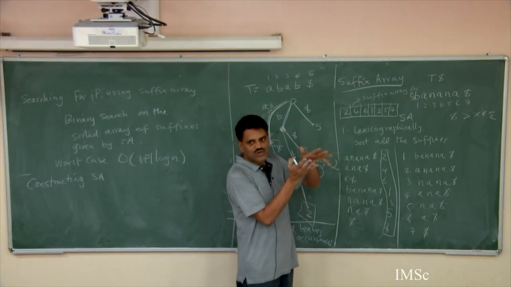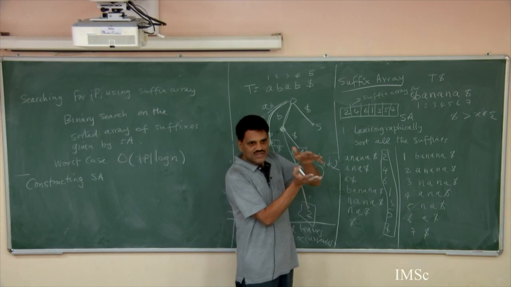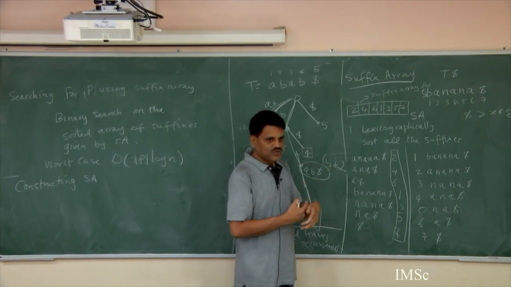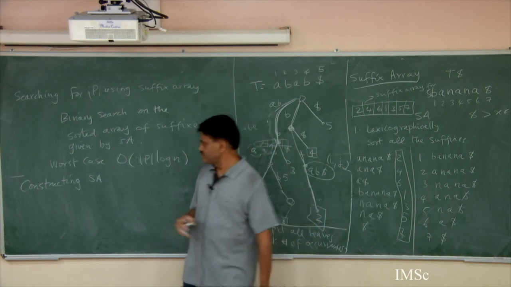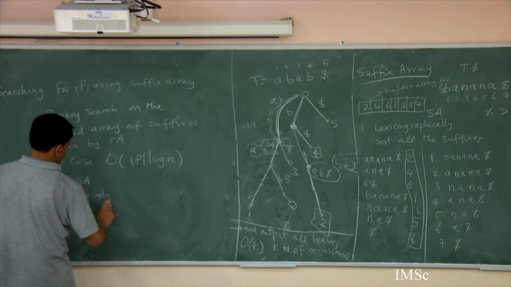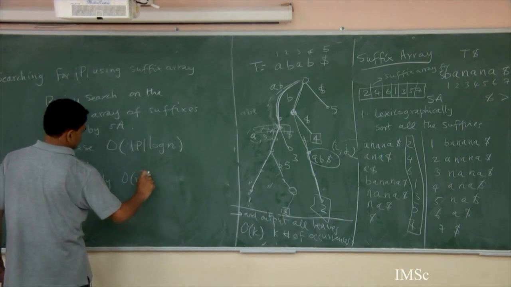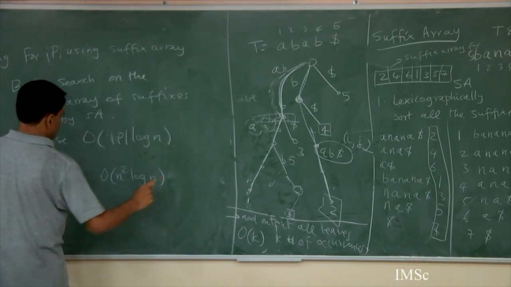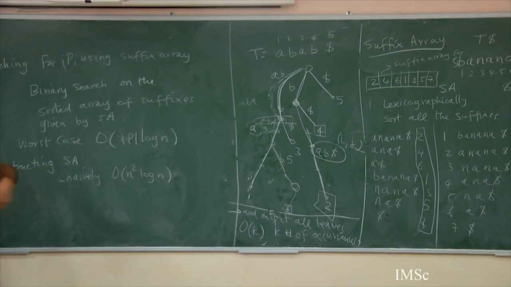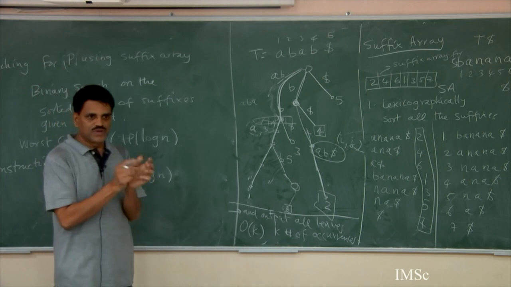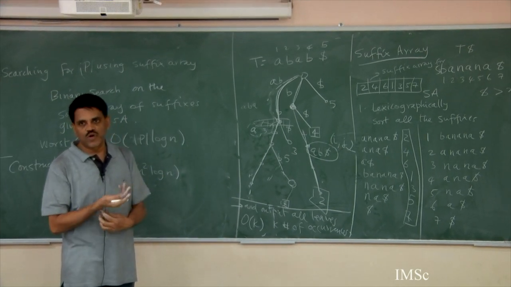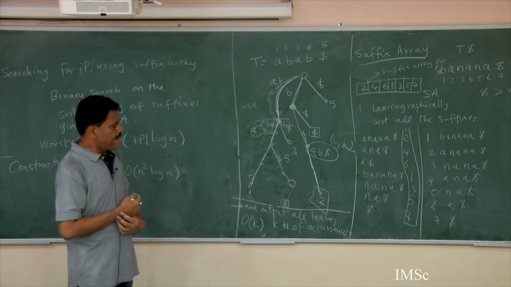Because a comparison would be comparing up to n characters. So, it could be like n square log n. Right, standard n log n algorithm, but each comparison costs me comparing two strings of character length up to n. Right.